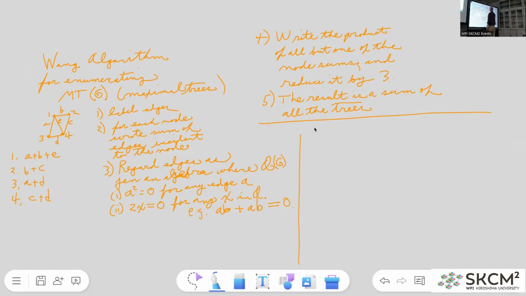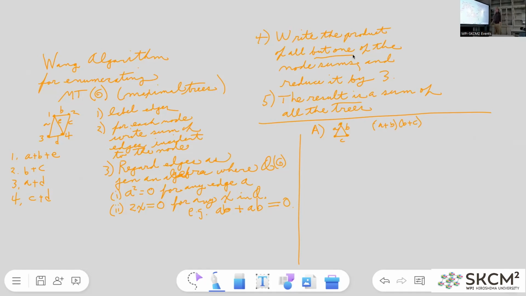So example A would be this little triangle graph, and we label the edges A, B, and C. And I'm going to form A plus B times B plus C. Right? I'm not using A plus C. This is the product of all but one of the node sums. Doesn't matter which one you eliminate.